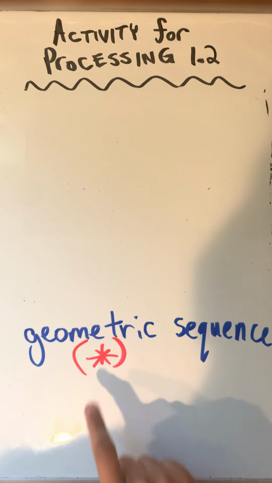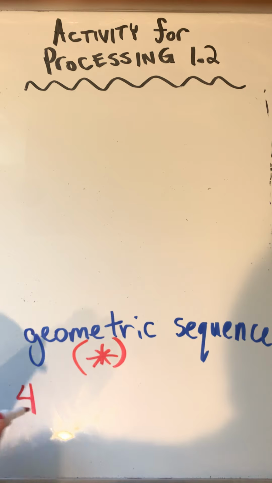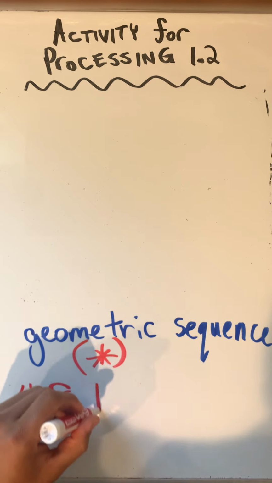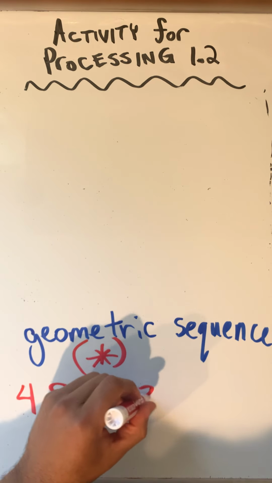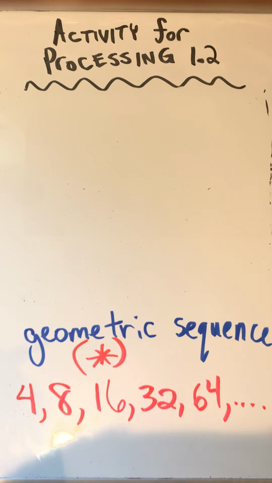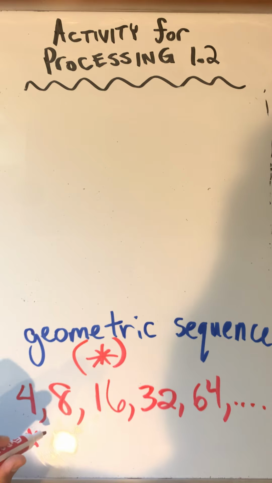Once again, that's my multiplication symbol, the little star. So an example would be, let's say I had the number 4, and I multiplied it by 2. 4 times 2 is 8. 8 times 2 is 16. 16 times 2 is 32. So on and so forth. So a geometric sequence is one where you multiply.